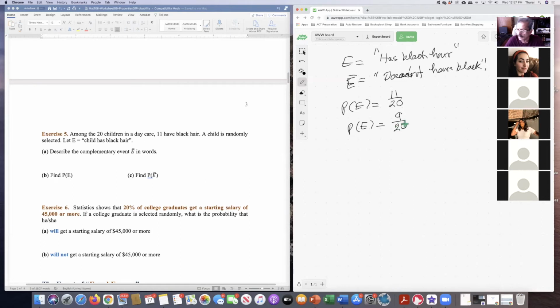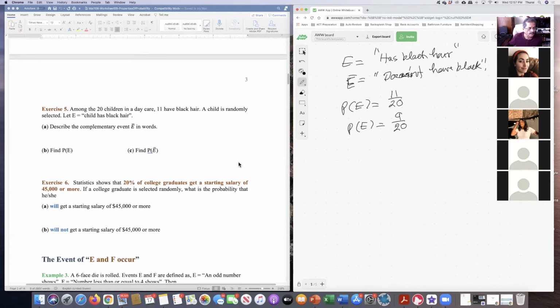Right, 9 over 20. Basically, there are 11 with black hair, so 9 without black hair. Or you can subtract 11 over 20 from 1 to get 9 over 20, either way.